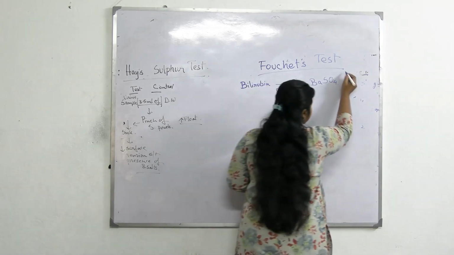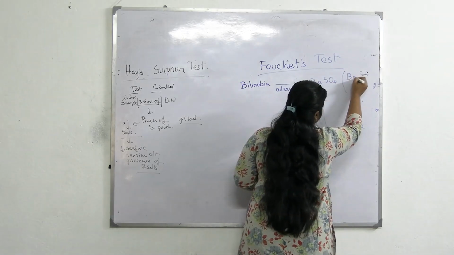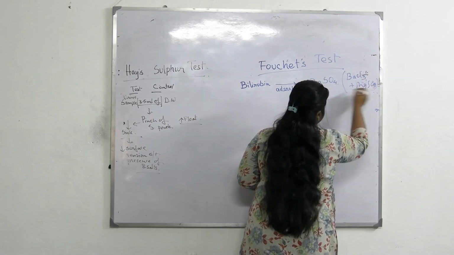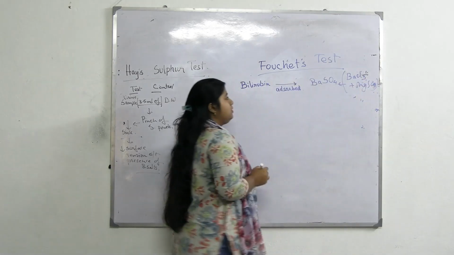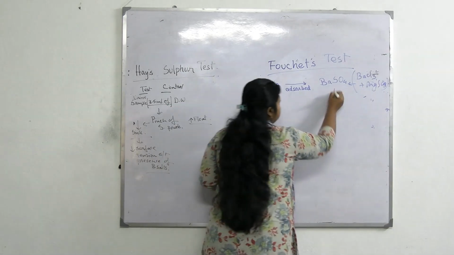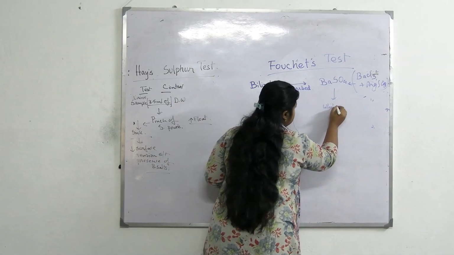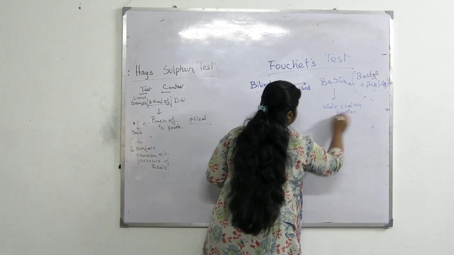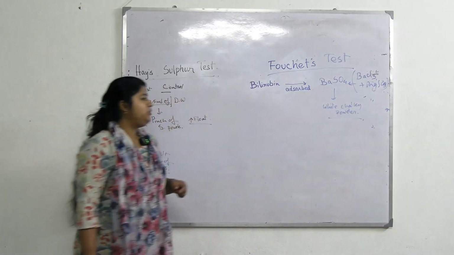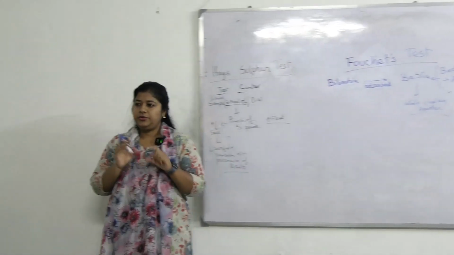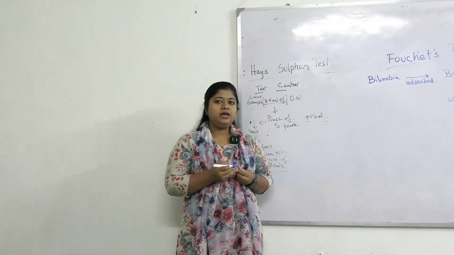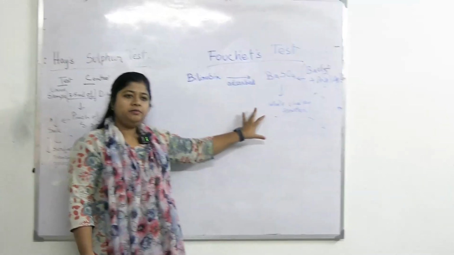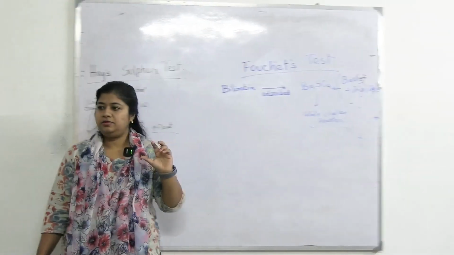Where do we get this barium sulfate from? By mixing barium chloride and SO4. So this will be a white chalky powder. So we have to mix the same amount of urine sample and barium chloride solution until we get white chalky powder precipitate in our test tubes.